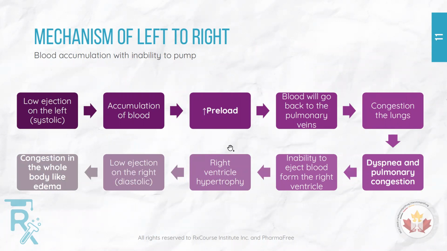Okay, so we have left and right ventricular hypertrophy or ventricular congestive heart failure. So the low ejection on the left, which is the systolic one, which is associated with contraction, when it's low, it will lead to accumulation of blood in the heart, which means increase in preload.